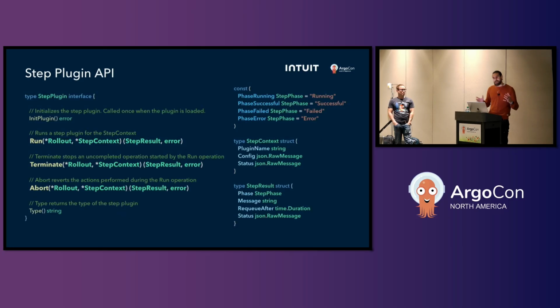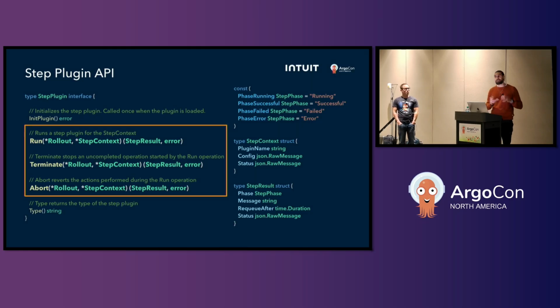But the most time-consuming part is actually implementing your binary and implementing the interface. So the first thing is there's three really important methods. There's the run, the terminate, and the abort method. So I'll go into details over each method and how they're executed. But all of these methods receive in parameters the rollout object that is being reconciled. And then they also receive a step context.